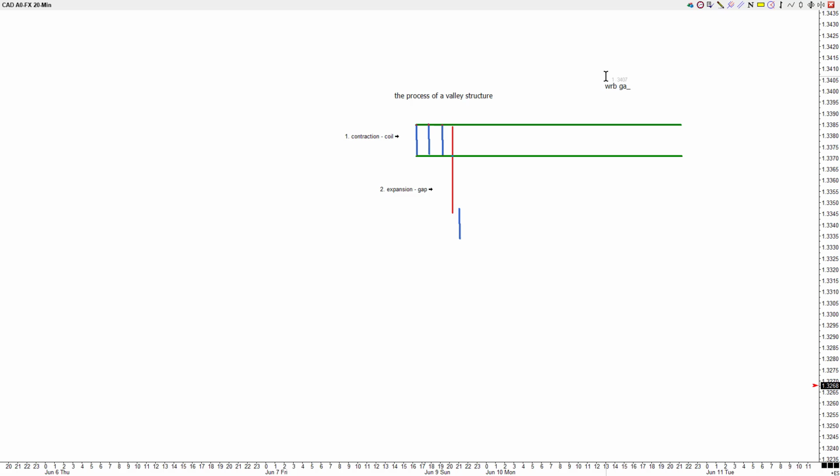Wide range bar gap definition. And so that's going to be a wide range bar, which, the definition of that is bigger than the last 3 bars from high to low.